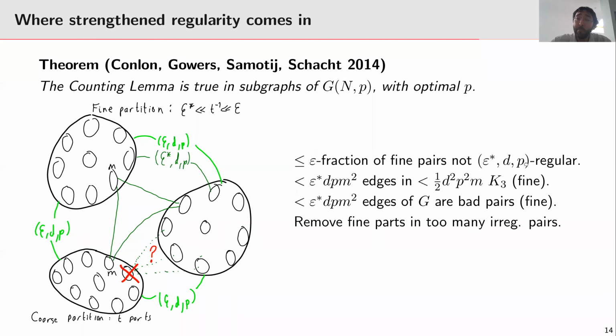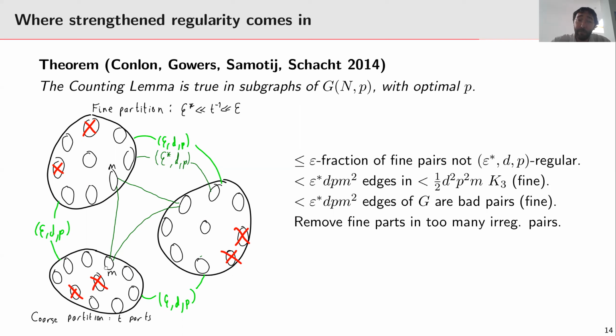Well, there can't be many of those badly behaved parts here because there are not very many fine pairs which are not regular. So I'll just remove any such fine cluster. Okay, so let's suppose I've done that. So I've crossed off a few fine parts from each of these classes. And now let's look.